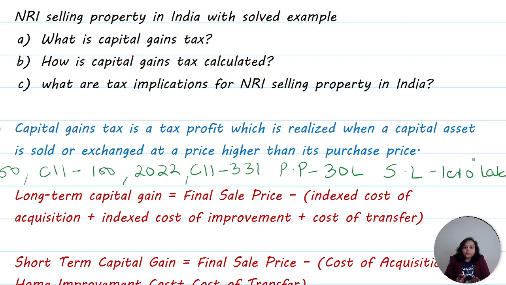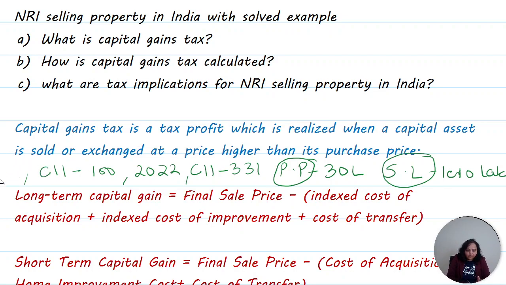Now, if you do not adjust the purchase price for inflation index, the difference between your selling price and your purchase price is 1 crore 10 lakhs minus 30 lakhs. So, you will have to pay capital gains on 80 lakh rupees. Correct? That will be a huge sum of money.